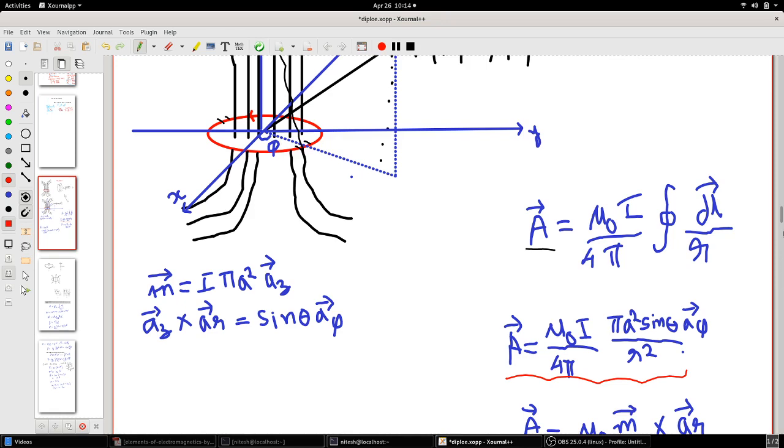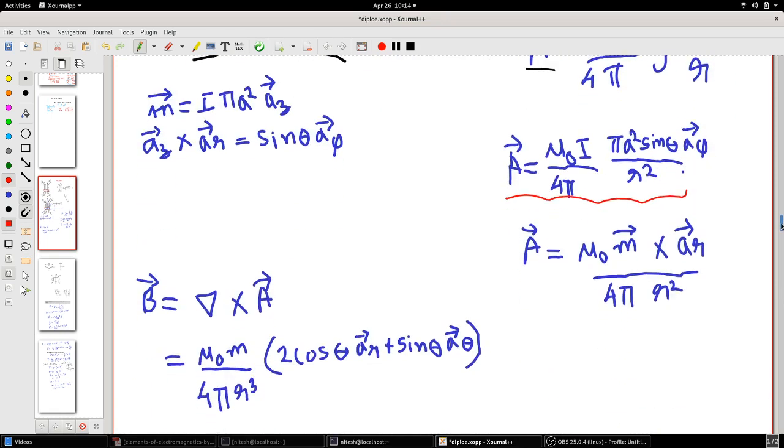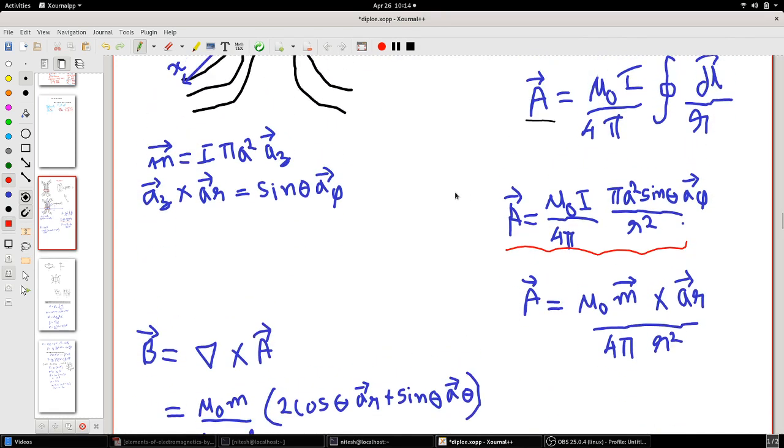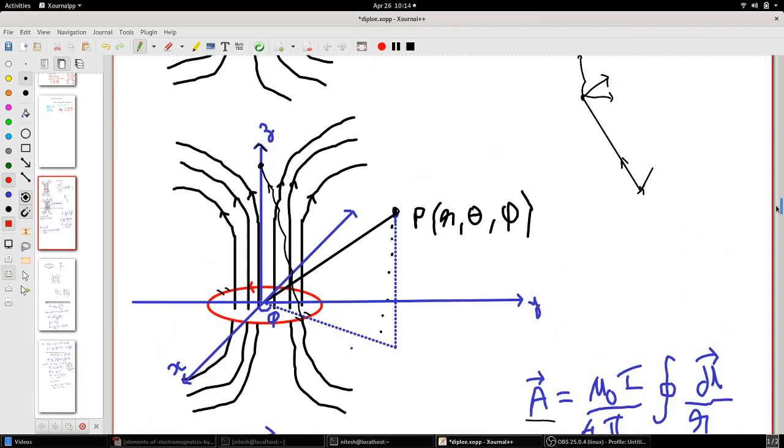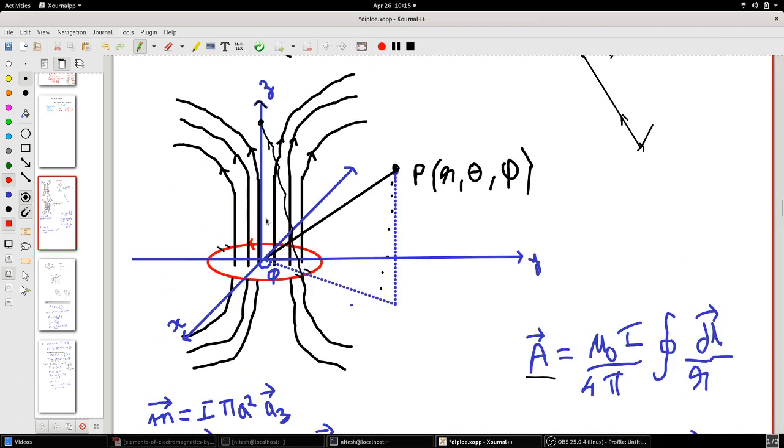Now once you have this, I know the magnetic dipole moment, which we had studied last time. What is the area of the loop?